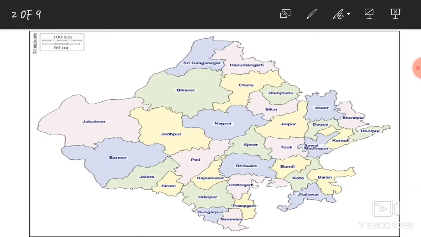So this is Punjab in the north. Here is Haryana. UP is Dholpur, and from here Dholpur, Karauli, Sawai Madhopur, Bara and Jhalawar.